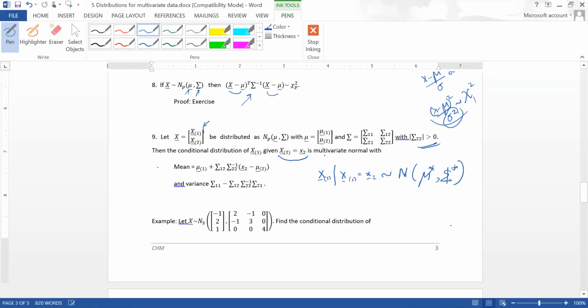So this is that mu star and this is the sigma star. Mu star equals mu1, the mean of the first part. For the conditional distribution, you know the meaning: we are finding the distribution of x1 with a condition given the x2 values. This is not univariate normal, so it depends on the dimension of x1.